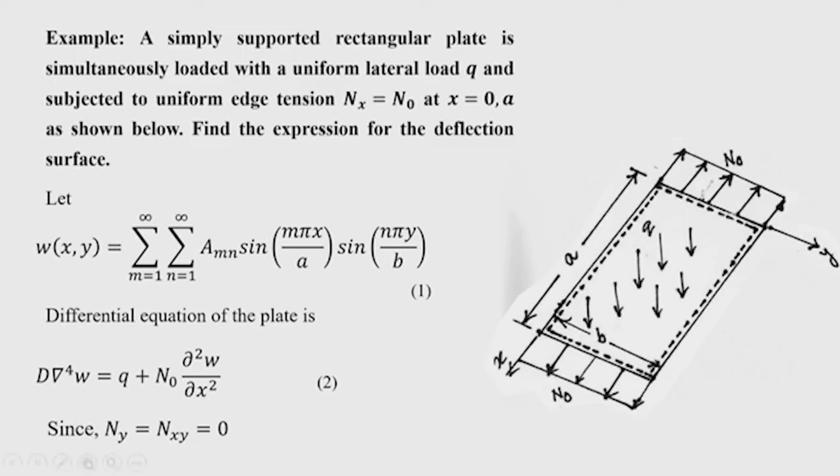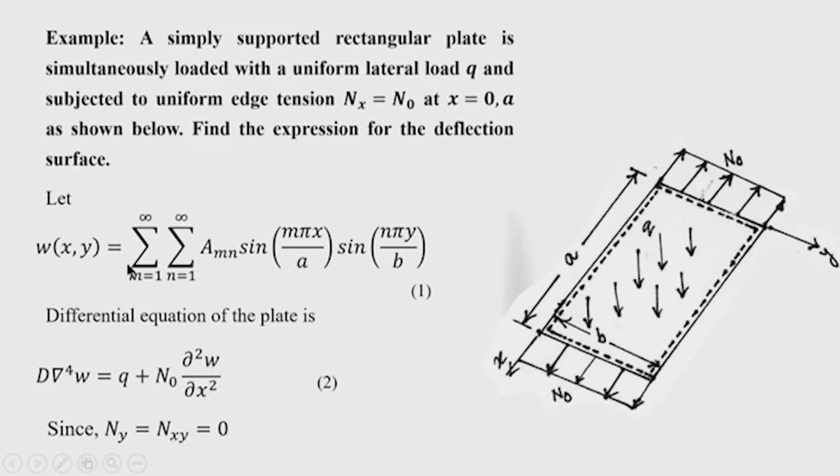When we consider the buckling of the plate, then we will consider this N naught as compression. So, if it is a tensile force, then the differential equation is this: D del⁴w equal to q plus N naught del²w/del x².